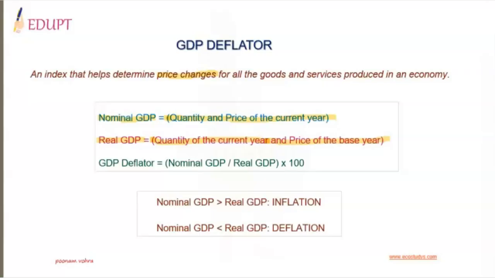Once these are estimated, it then becomes easy to find GDP deflator, and the formula is nominal GDP divided by real GDP multiplied by 100.